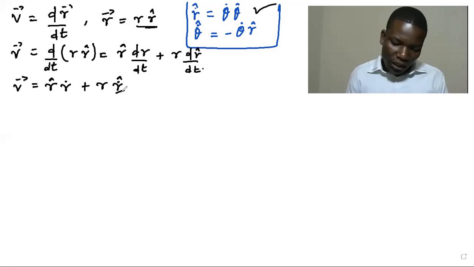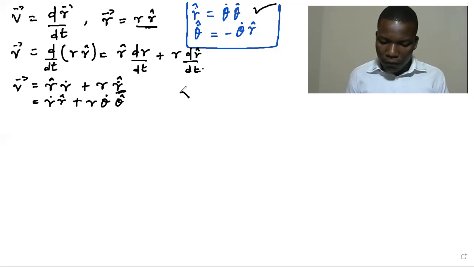So we substitute here. So we have R dot and the unit vector, plus R theta dot and the unit vector. So velocity is given by this.